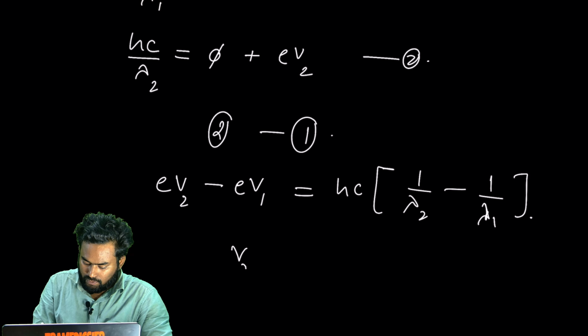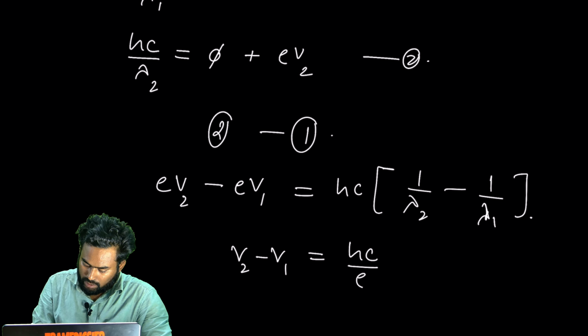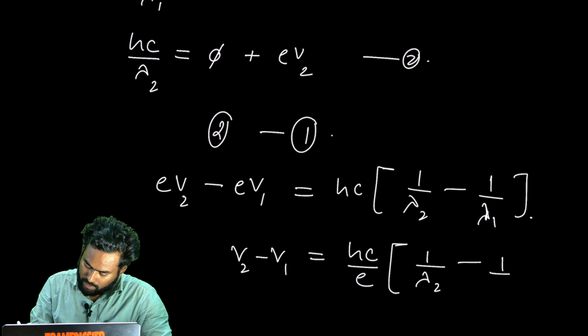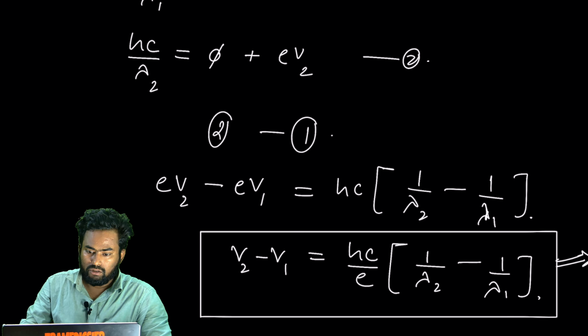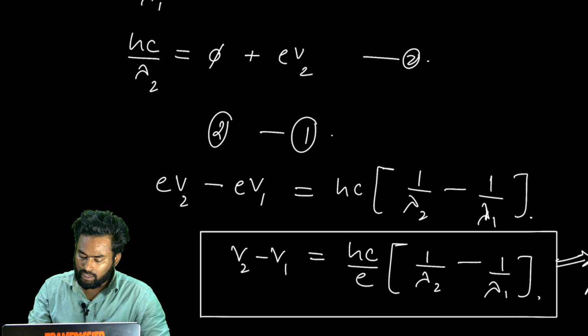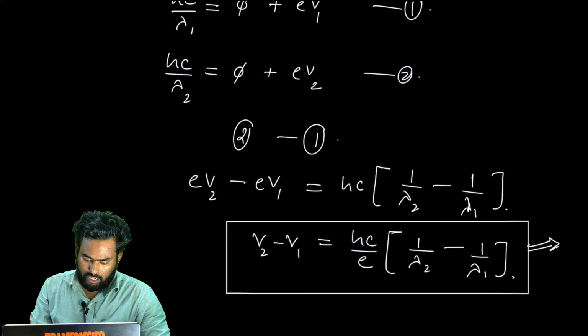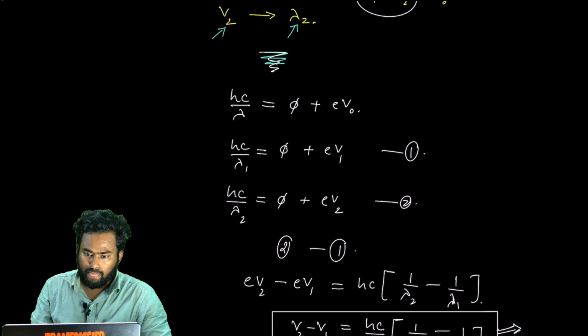So V2 minus V1 will be hc by e in bracket 1 by lambda 2 minus 1 by lambda 1. So this is our answer for this problem. Clear? No doubt. Simple and straightforward things are there. Okay, next question.